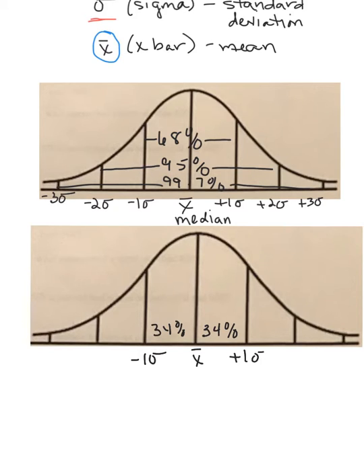We know that 95% of the data has to be within 2 standard deviations. We have already labeled 2 of those 4 segments that are covered by 95%.